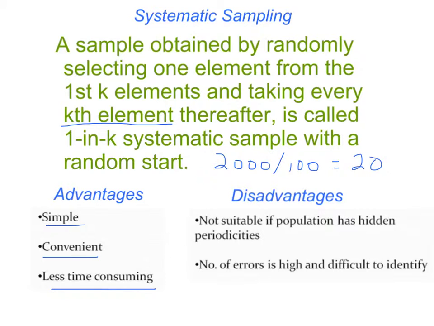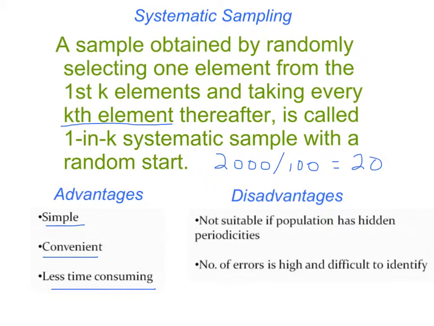Some disadvantages: the biggest disadvantage of systematic sampling is that the process of selecting the sample can interact with a hidden periodic trait within the population. In an extreme example, let's just say every 10th person in the population was Hispanic, and the sampling technique coincided with the periodicity of that trait.